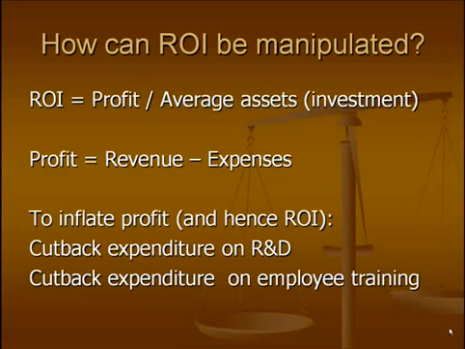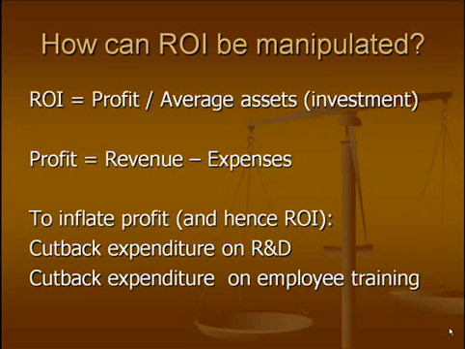This looks good for the manager of the division, but in the long term, you would agree it's bad for the company. This is called suboptimal behavior. A decision which in the short term is good for the manager, but in the long term is bad for the company, is called suboptimal behavior.